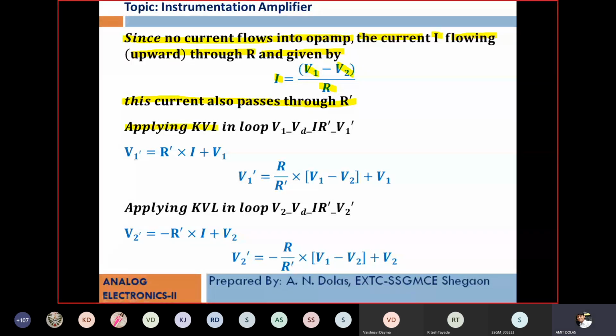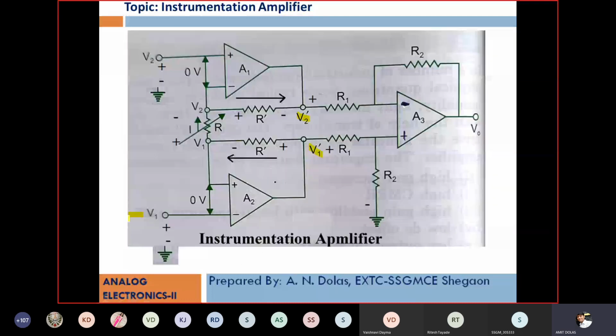So applying KVL in the loop, I have shown loop that is V1, VD, IR dash is nothing but voltage drop across R dash, and V1 dash. Let's see here. I'll go back to PPT. I'll show you where I have used KVL. I have considered this V1, considering plus up minus down, V1 is applied.